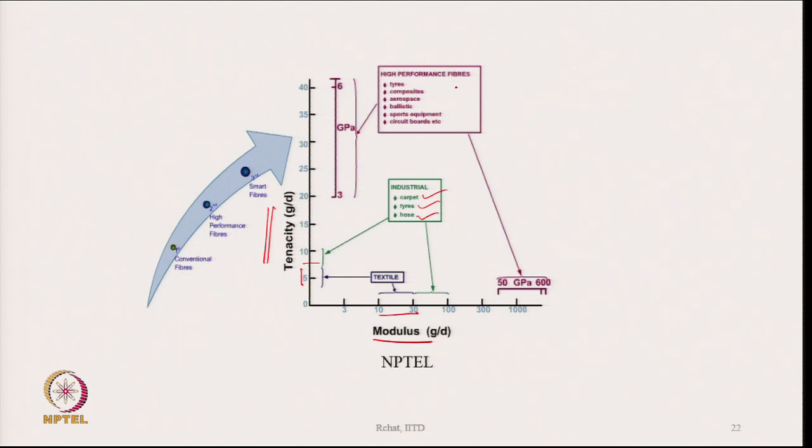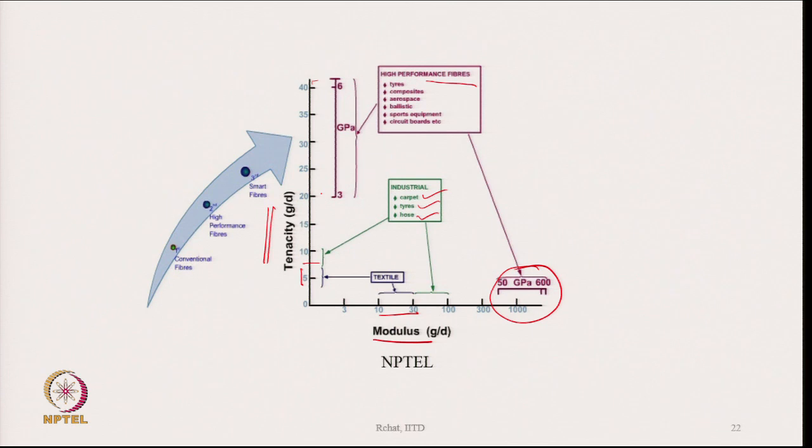And then came the high performance fibers used for tires, composite, aerospace, ballistic. There if you look at their tenacity, the range is from 20 to beyond 40 gram per denier, and their modulus comes in this range.